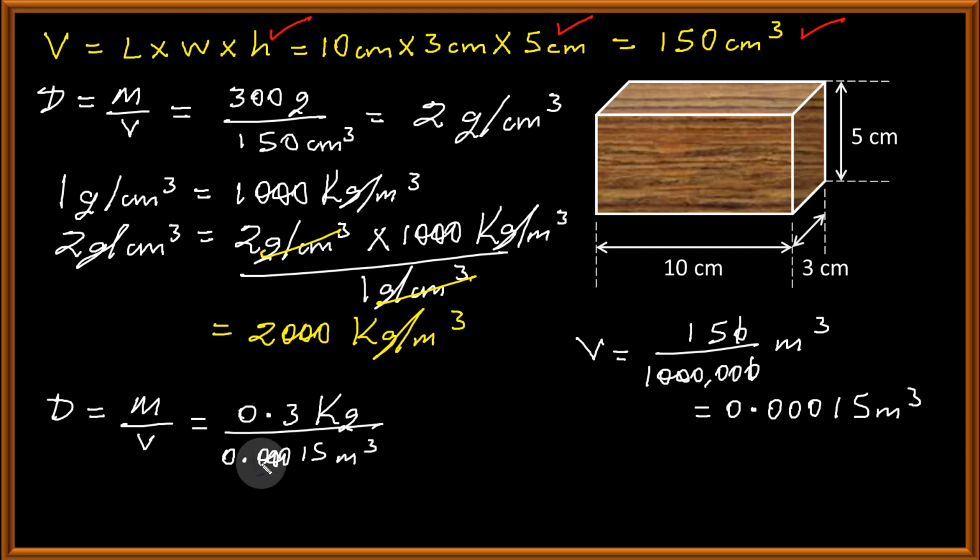In order to get rid of this decimal, you're going to multiply by 100,000, and here you're going to multiply by 100,000. When you do that, you're going to get 0.3 times 100,000 divided by 15.